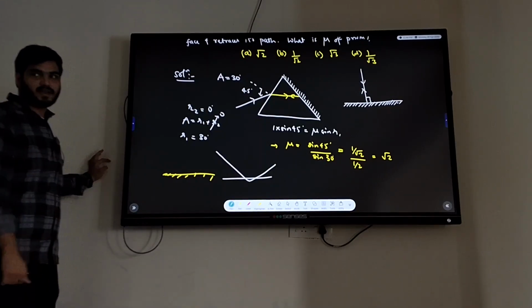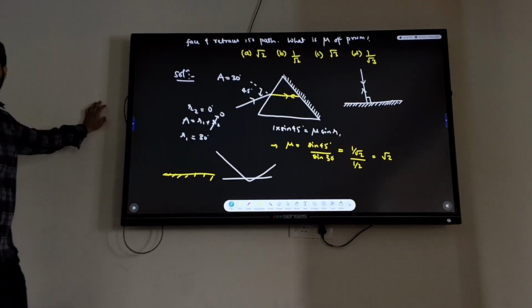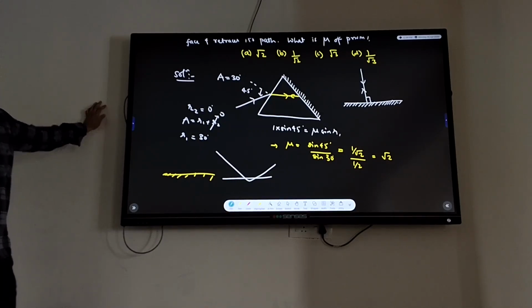Like beyond theta c, it will act basically the same. So why can't you apply that? You should be able to. We are still getting the right answer, right? Sine Imax is sine 45, 1 by root 2 is equal to 1 by root 2. So mu equal to root 2. So you got it like that.